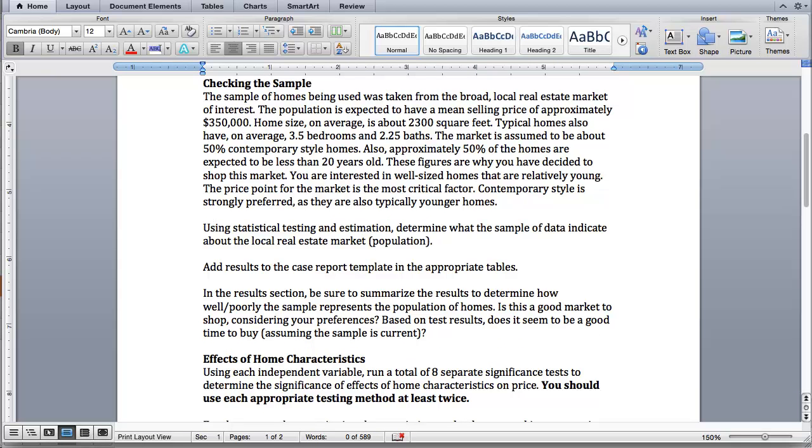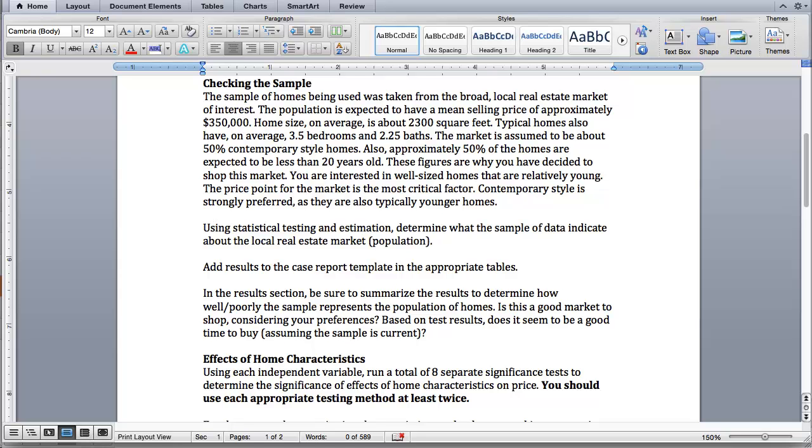So there are two main sections to this part of the real estate case. The first is checking the sample information. Frequently, we might compare our sample information to some population benchmark to determine if our sample is a good sample. That is, does it represent the population pretty well?